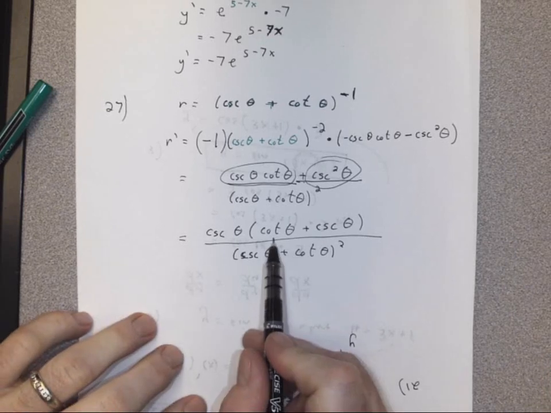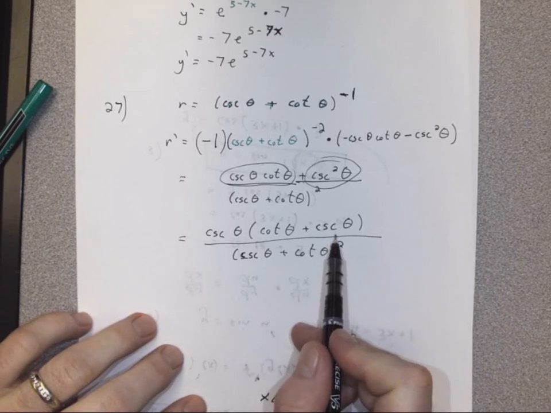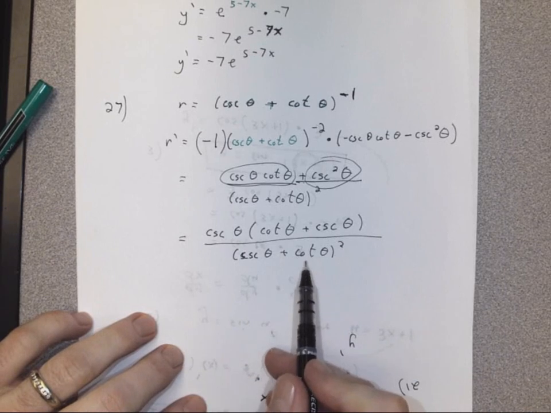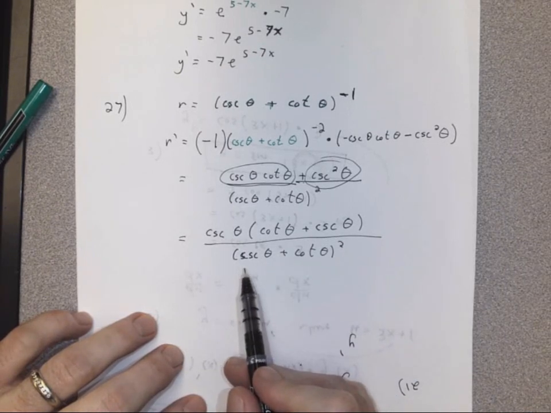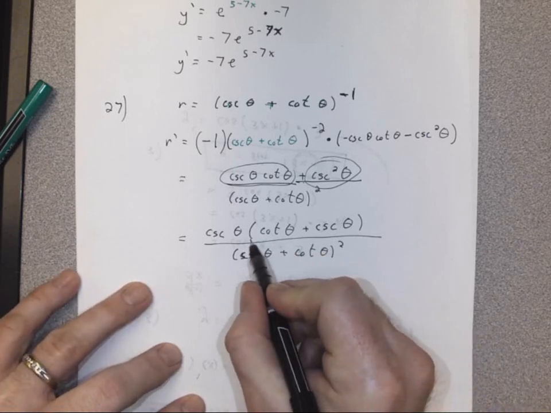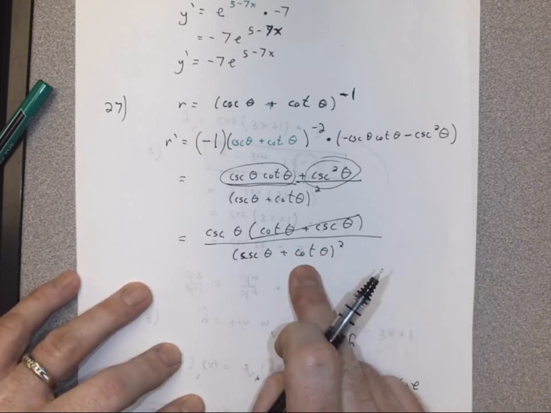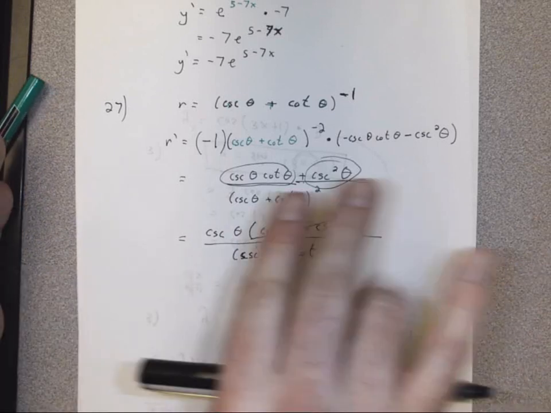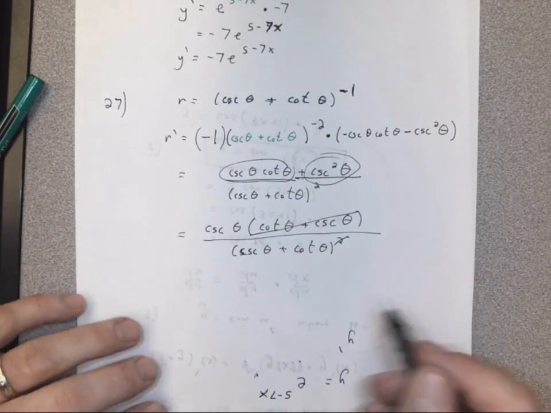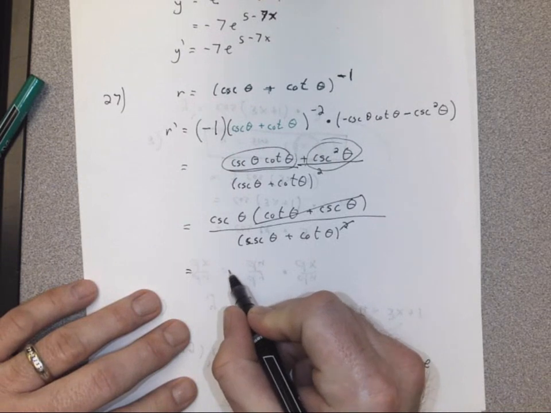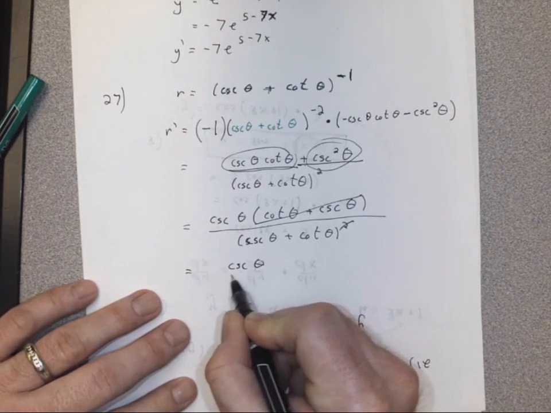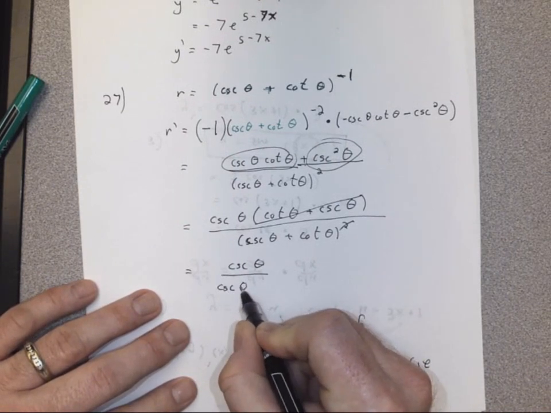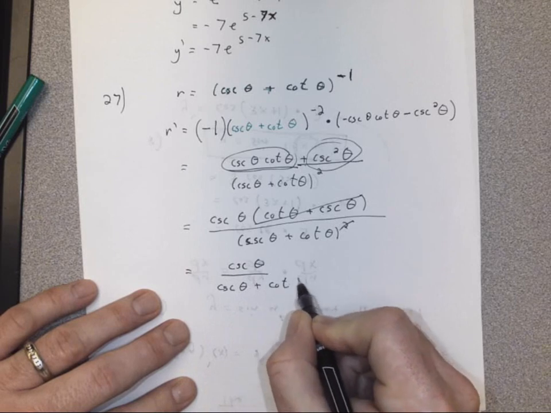Yeah, I have a cotangent of theta plus cosecant of theta. And I have two of them down here, don't I? Cotangent of theta plus cosecant of theta. So, if I cancel this, how many are canceling down here? One of them, right? Remember, with addition, order doesn't matter, right? So the commutative property. Okay, so then this is going to be equal to the cosecant of theta all over the cosecant of theta plus cotangent of theta.